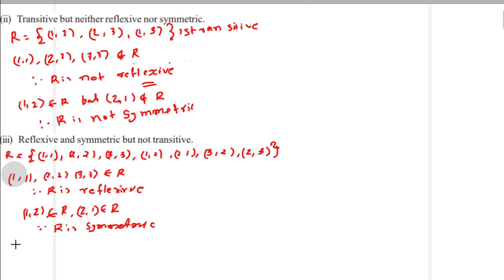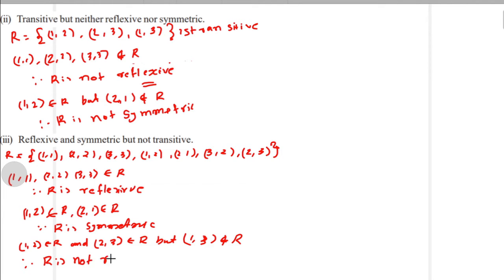Okay, then next you can take (1, 2) belongs to R and (2, 3) belongs to R, but (1, 3) does not belong to R. Therefore R is not a transitive relation.